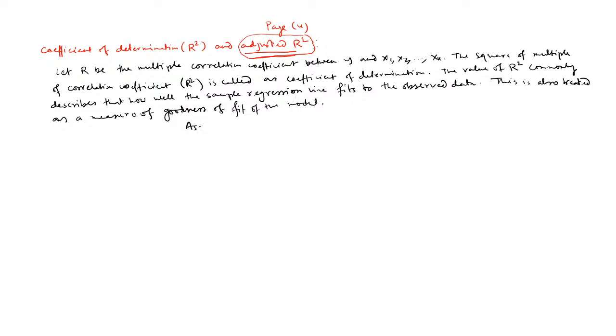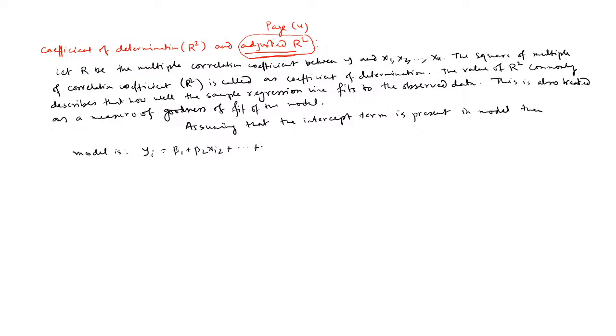Assuming that the intercept term is present in the model, then the model is y_i = beta_1 + beta_2 x_i2 + ... + beta_k x_ik + epsilon_i, for i from 1 to n.